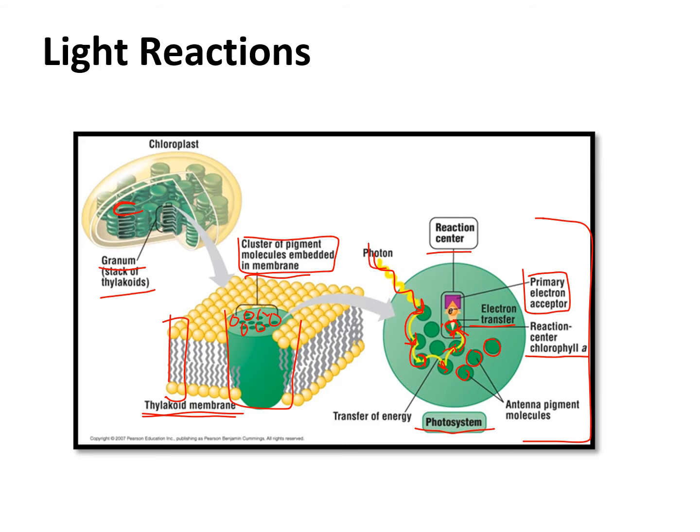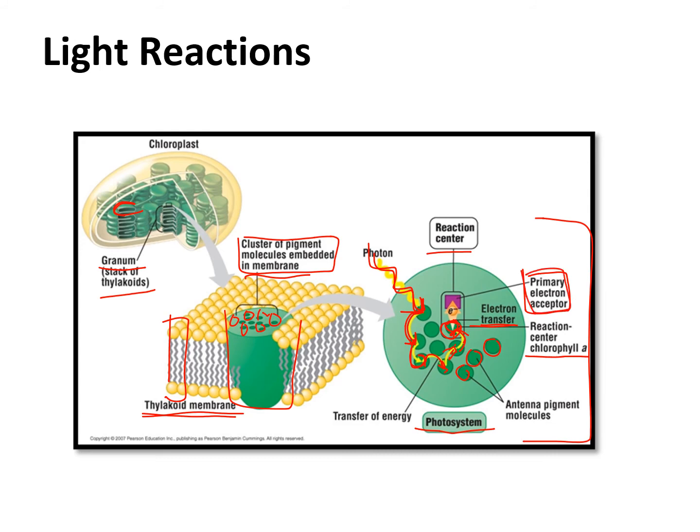When the photon transfers its energy to the electron of a pigment, that energy gets passed along to different pigments until it reaches the reaction center, chlorophyll A. And then the high energy electron is transmitted to the primary electron acceptor.